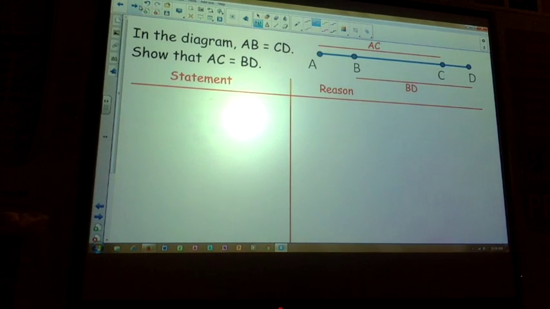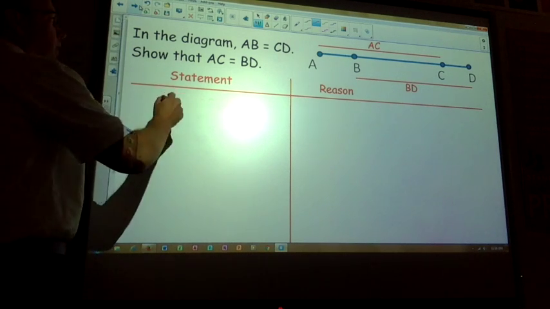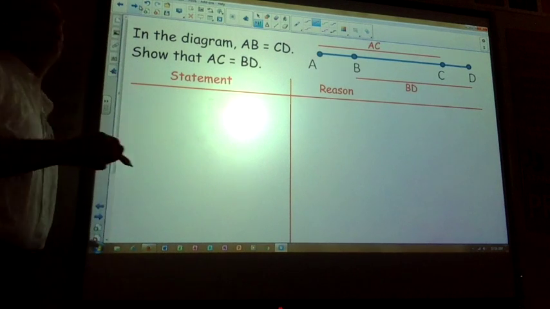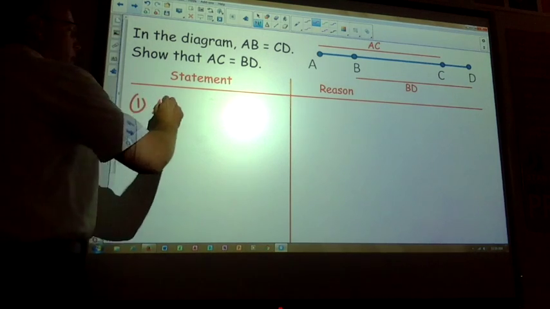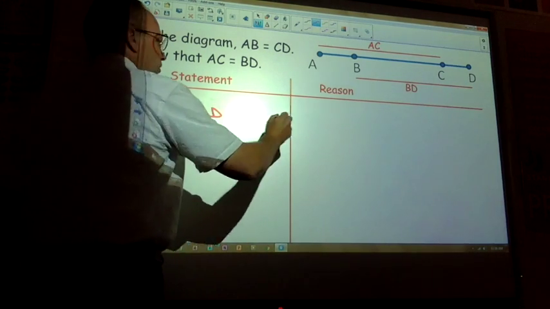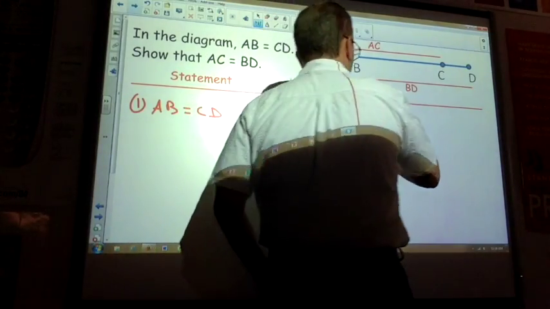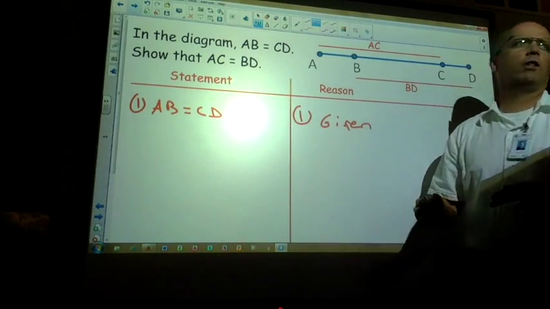All right. This is a 2-diagram proof. The nice thing is it's already set up for us to substitute in. How do I know that? My given is AB equals CD. Can I use this to substitute?